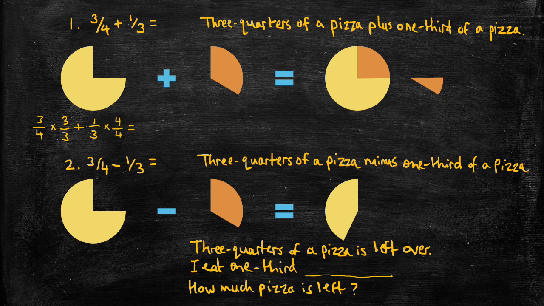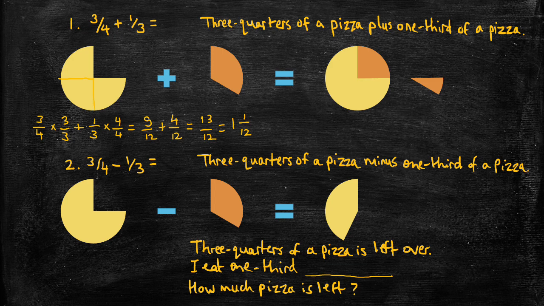That gives me 9/12 plus 4/12, which comes to 13/12, which if I express that as a mixed number would be 1 and 1/12. And we can see that in my diagram.